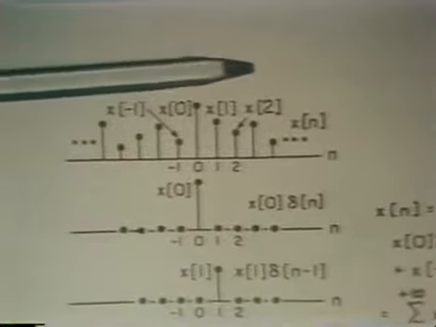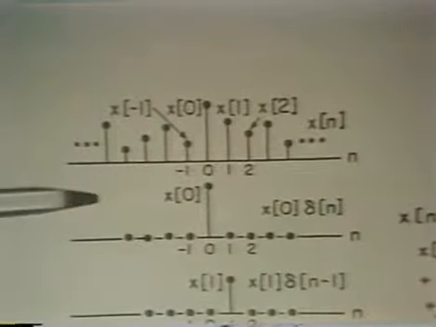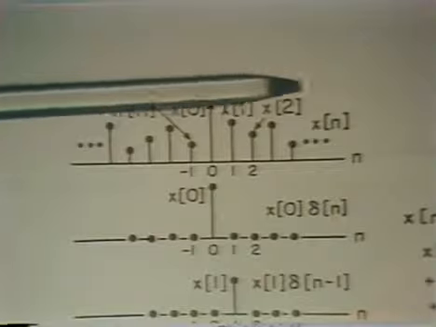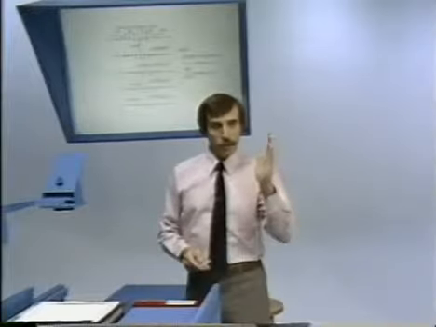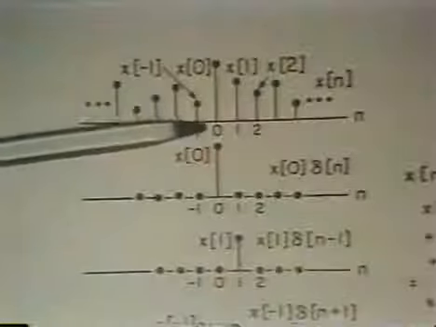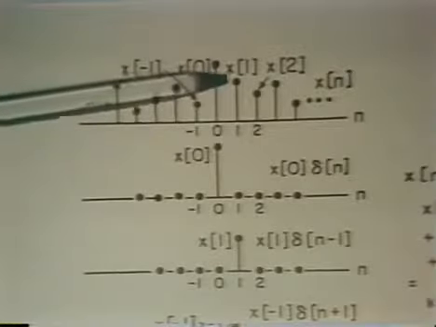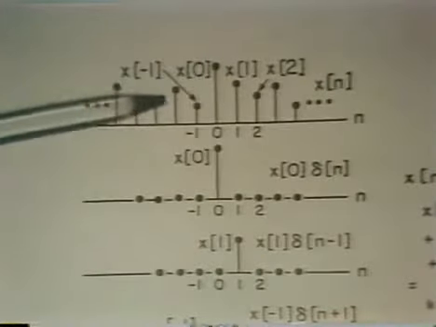And more or less as we did when we talked about representing a unit step in terms of impulses, we can think of this general sequence as a sequence of impulses, delayed, namely occurring at the appropriate time instant and with the appropriate amplitude.